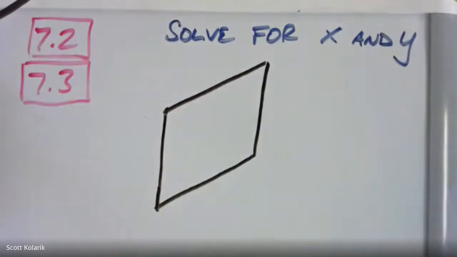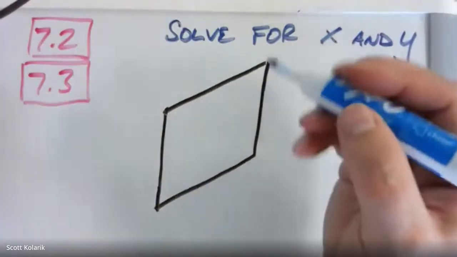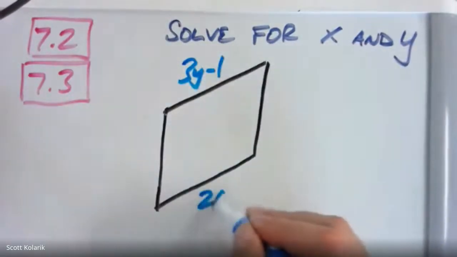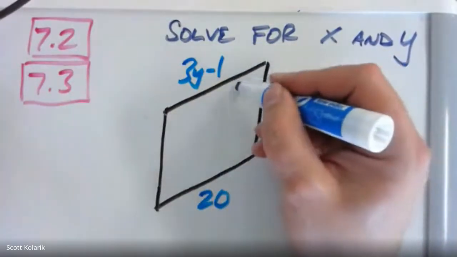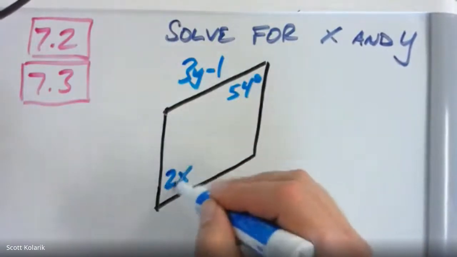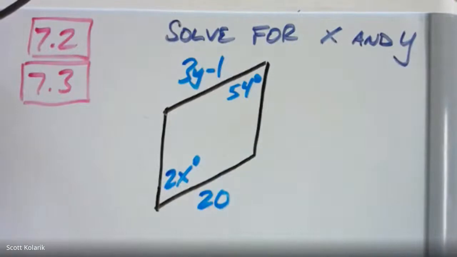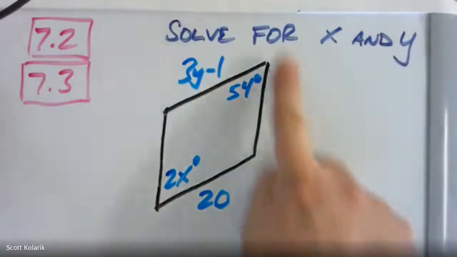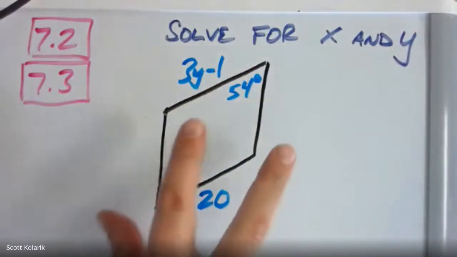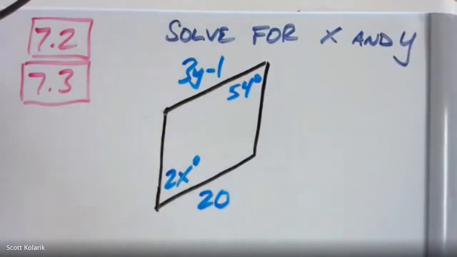So in our notes for section 2 and section 3, you were given things like this, where you were given some information, whether they be angles or lengths of sides, and you're asked to solve for variables. So in this case, in this figure, we're going to be asked to figure out what X and Y have to be to force this figure to become a parallelogram.